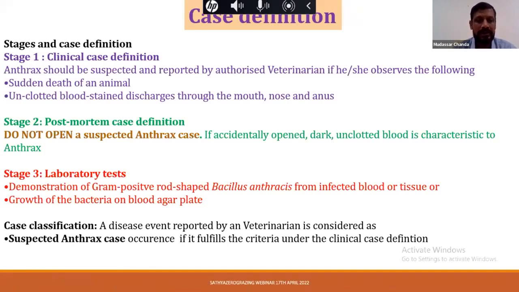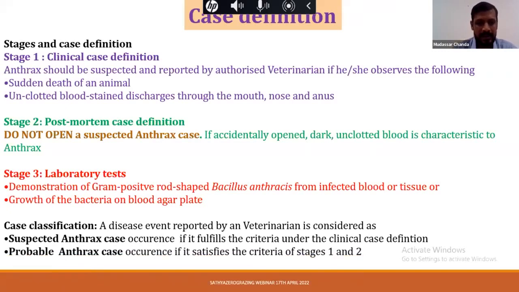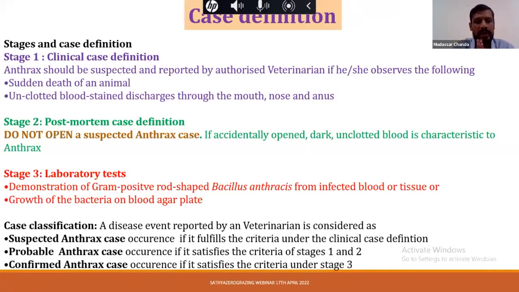We need not even depend, because once the outbreak has been confirmed and verified based on the laboratory findings, you can visit and collect from all the households which have animals and try to classify the cases. You can classify based on the household or based on the animals also, using the clinical case definition. There may be a probable case also, but if you just remember suspected or confirmed, these two criteria are followed.